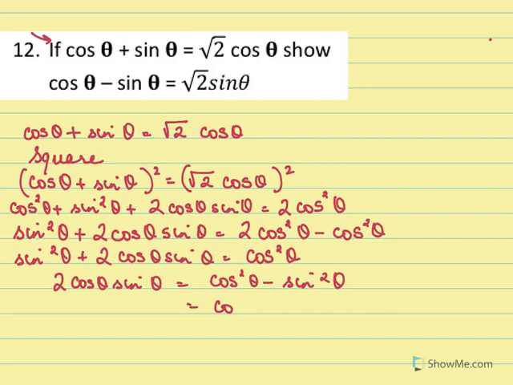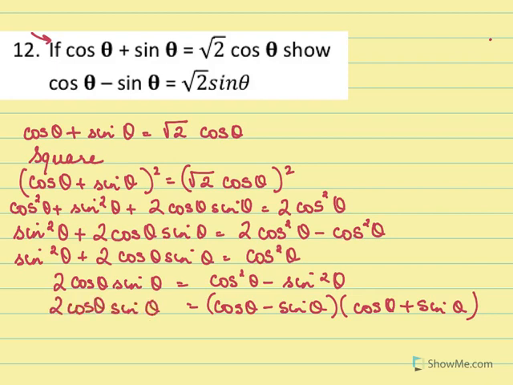This is a square minus b square, which is a minus b times a plus b, and this is 2 cos theta sin theta. So 2 cos theta sin theta, and here it is given to us that cos theta plus sin theta has this value. So here I'm going to put root 2 cos theta.